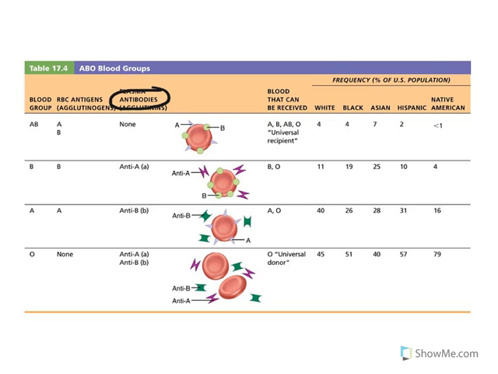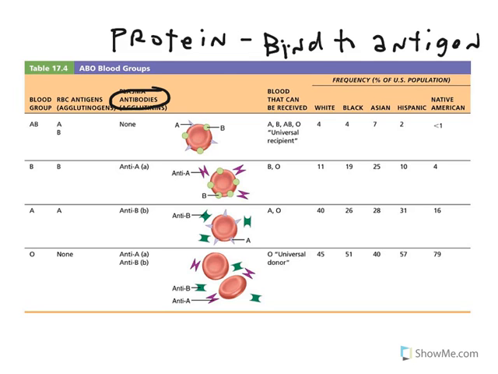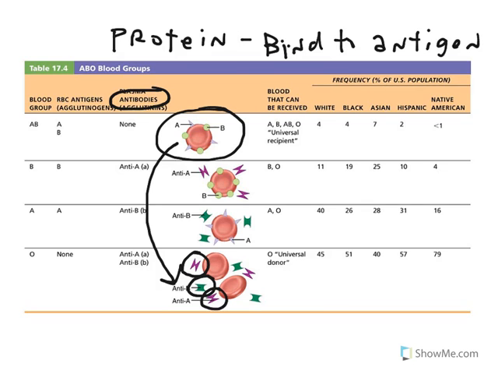Now, if you remember, an antibody is a protein that will bind to something foreign. So it's going to bind to a foreign antigen. Meaning, if we were to take this particular blood cell and place it down here into this type of blood, these antibodies, which notice they have the same shape, fit together with the opposite.